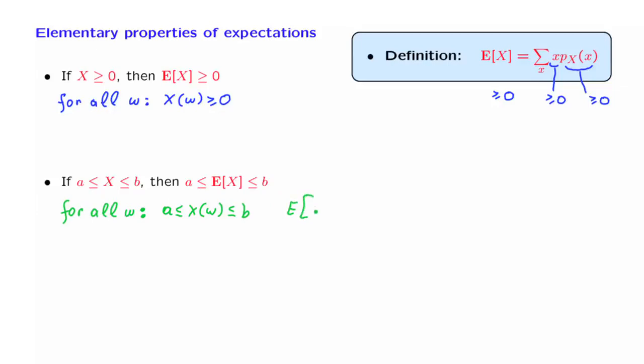The expected value, by definition, is a sum over all possible values of the random variable of certain terms. Now, the possible numerical values of the random variable are all of them at least as large as a, so this gives us an inequality of this type. Then we pull a factor of a outside the summation.